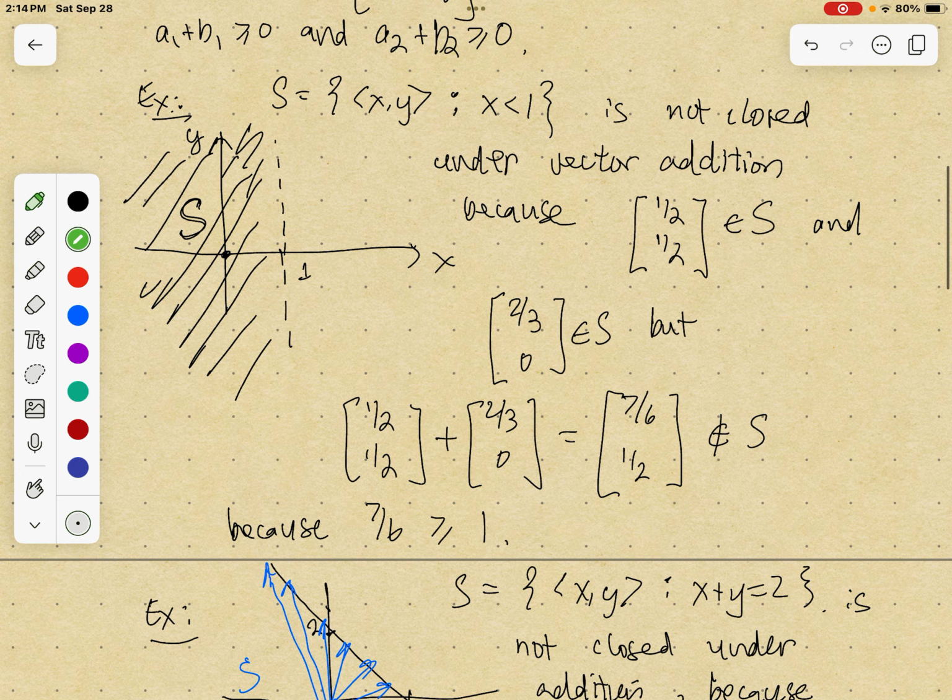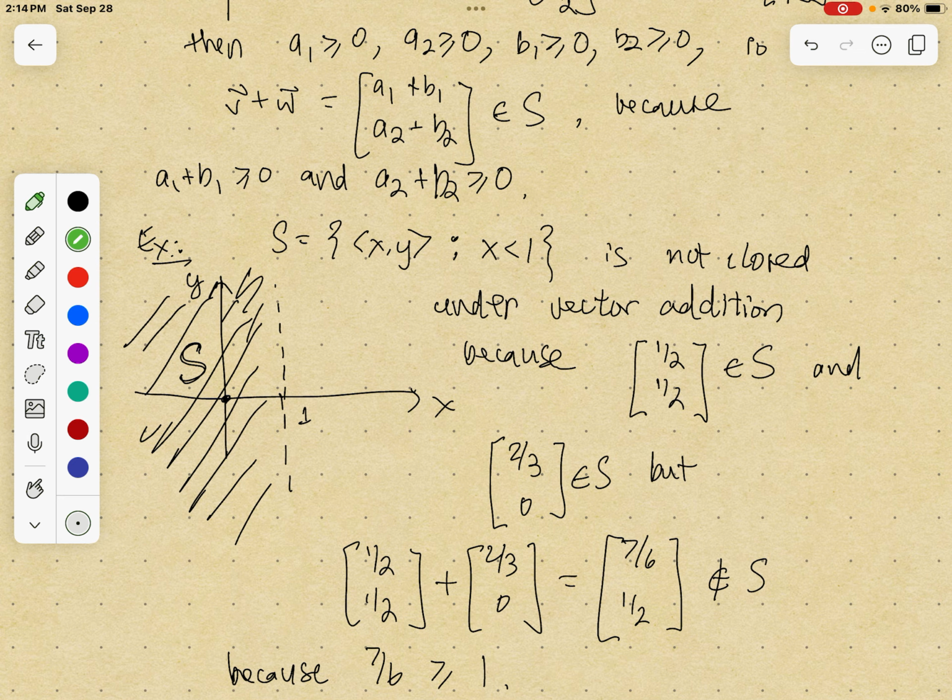And by the way, going back to the earlier example, we came up with two vectors in S whose sum was not in S. It's not true that every single time you have vectors in S, the sum is outside S. I mean, (0, 0) is in S, and (1/2, 0) is in S, and when you add them, you get (1/2, 0).